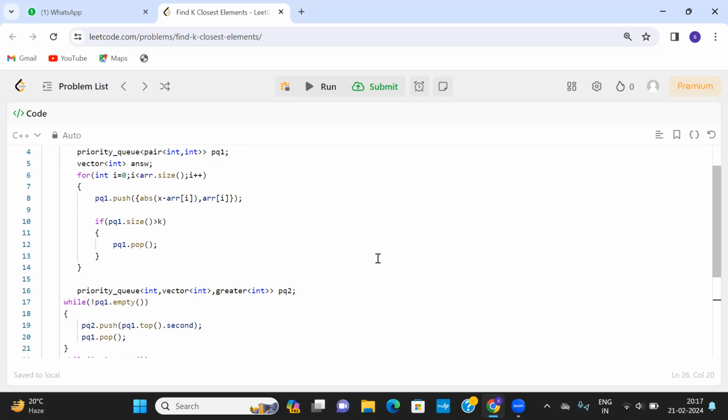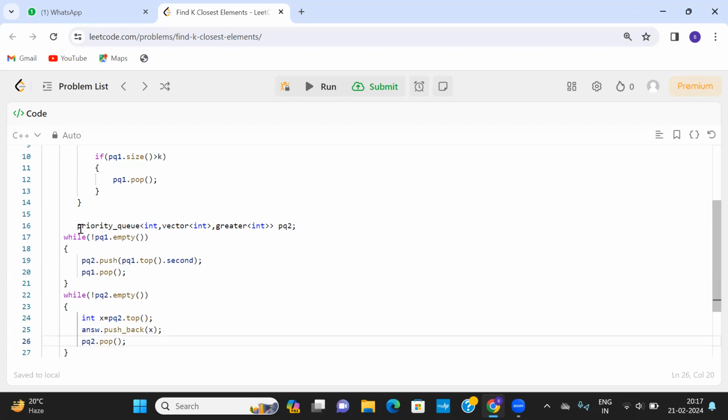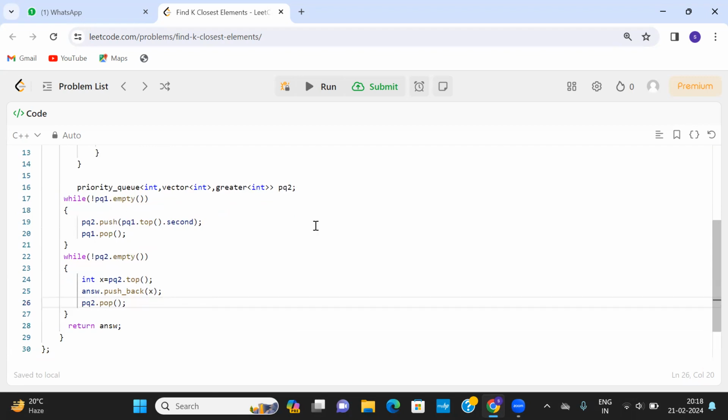In the question, it is clearly mentioned that we need to sort the integers, so in that min heap we push those closest integers. While pq1 is not empty, we push pq1.top.second, which denotes the integer in our array which is closest to x. That is why we are pushing. After that, we are popping. This was step number 2.